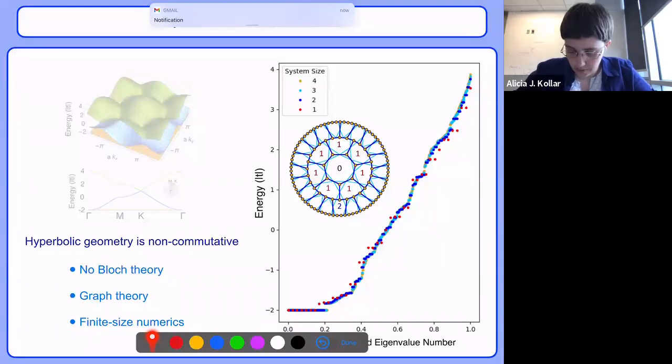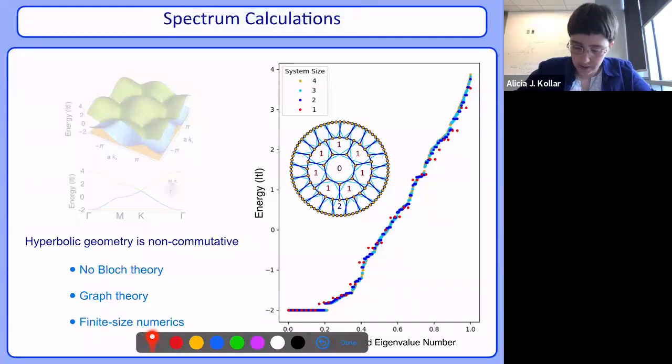The red dots show the eigenvalues at this very small size, dark blue is for this one, and then we went out a few generations more. We can use this spectrum to, for example, compute things like the density of states, but even just looking at these eigenvalues, we see 2 very, very special things.